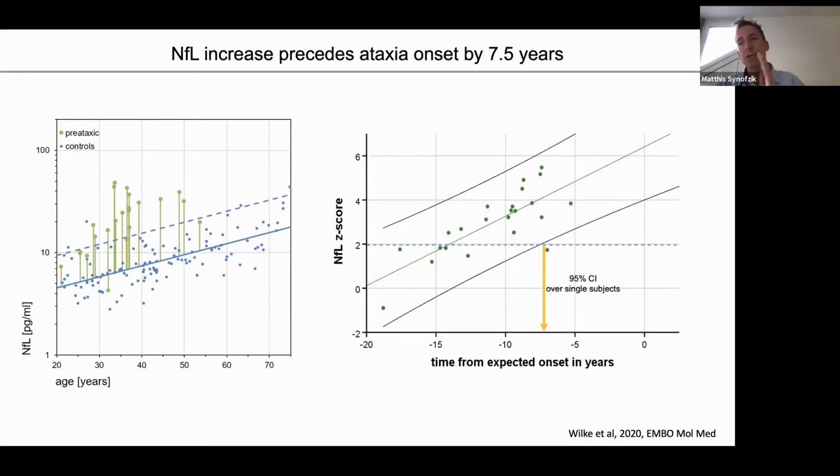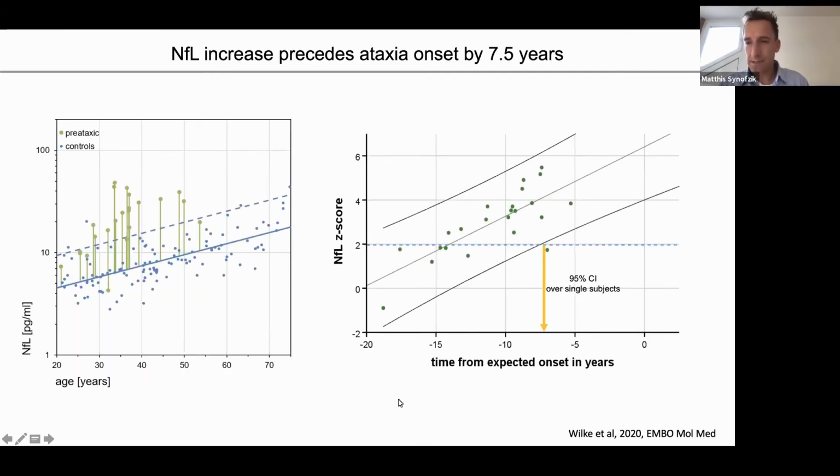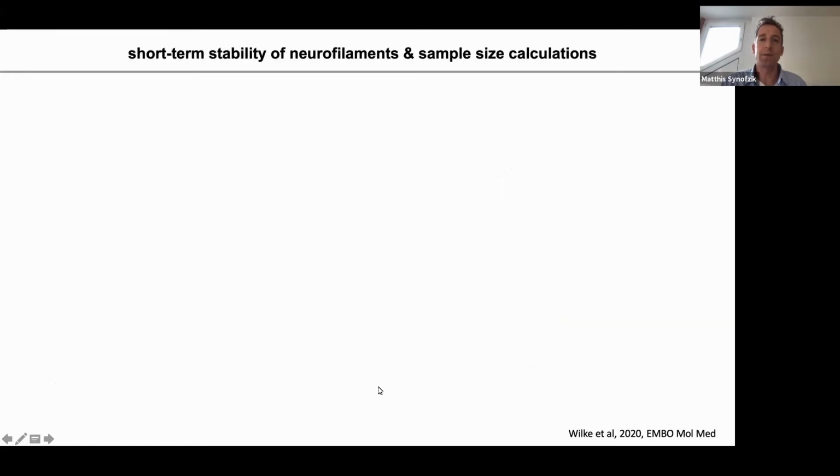So you have a distinction 7.5 years before expected onset. So this points to the fact that you might want to use NFL even for stratifying your pre-ataxic SCA3 subjects to enroll them in trials, because you likely don't want to enroll any pre-ataxic subject 30 years before onset, but really want to hit those at the pre-ataxic phase, and NFL might help you with that.